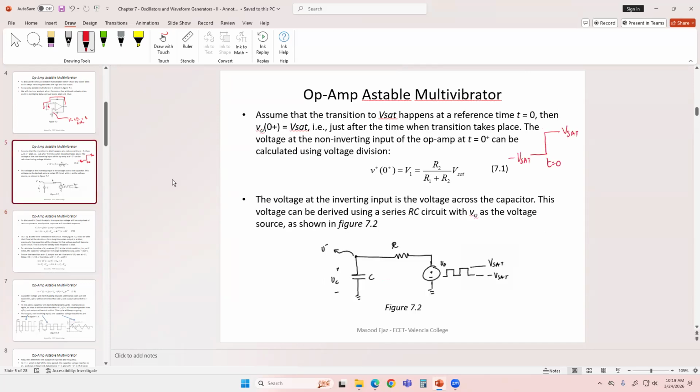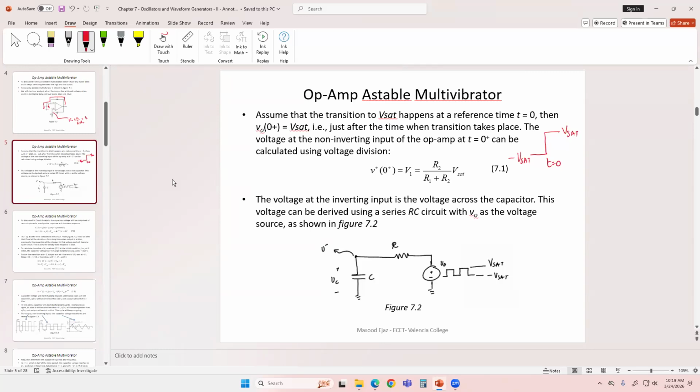Now remember, what is the property of the capacitor as far as voltage change is concerned? No sudden voltage change. The capacitor resists the voltage change. The voltage just before any change is the same as just after the change.